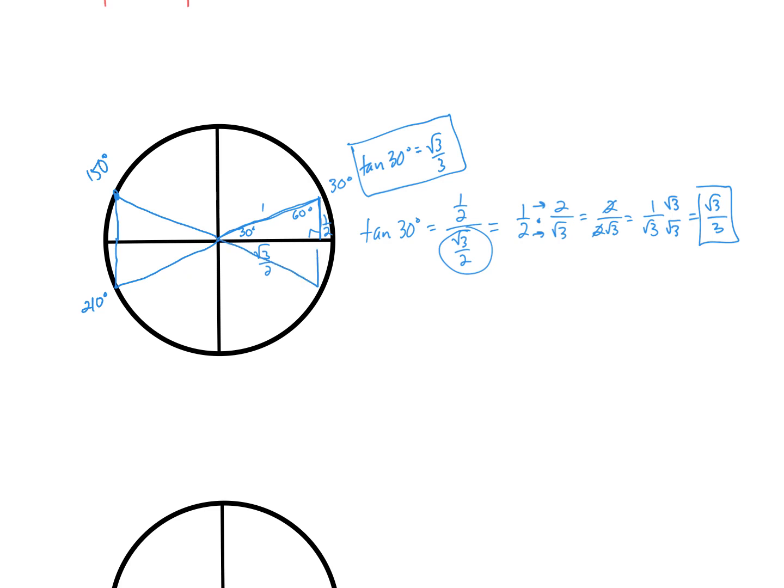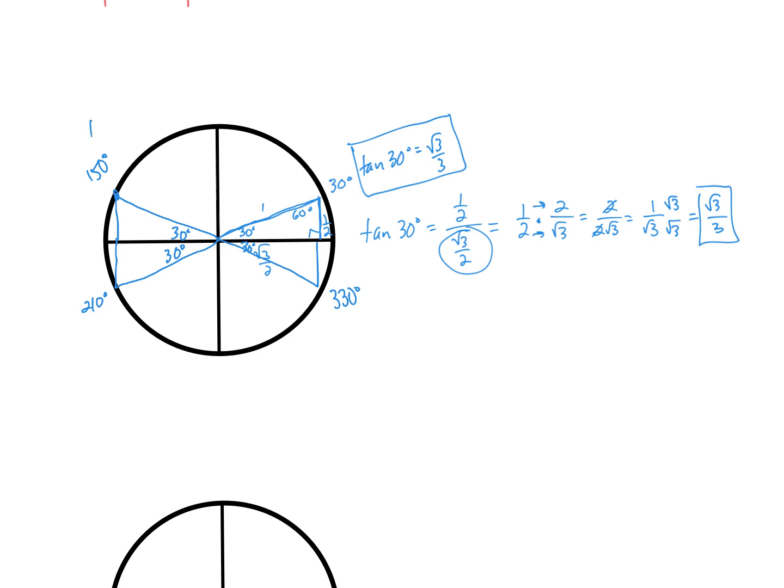So these are the 30, 60, 90 triangles where the 30 degree angle is the reference angle, or you can think of it as the one where it's laying down. It's the shorter one. We'll look at the taller version in just a moment. So just like with the 45s, the tangent values are going to either be positive or negative depending on which quadrant they're in.